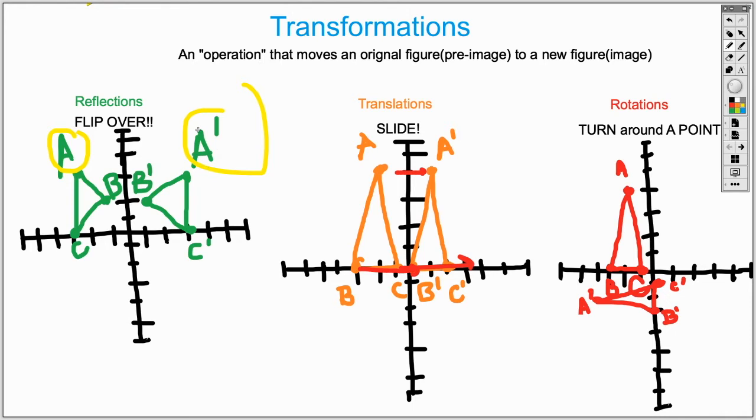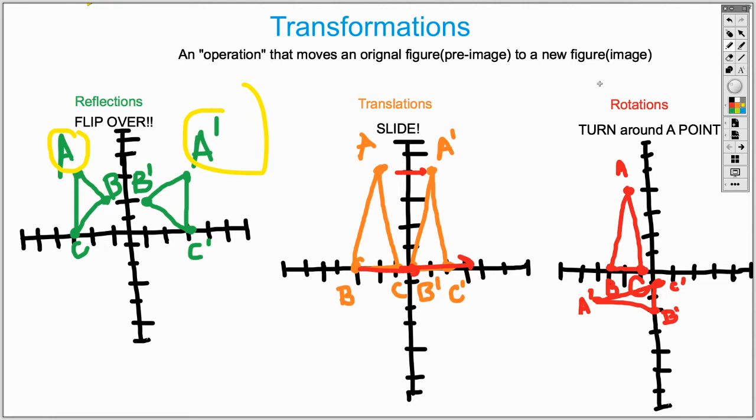And a letter or point with a little dash symbolizes that this is the modified or new image. So this triangle over here, since none of the points have a dash, would be the pre-image, and this triangle A'B'C' would be the image since it has the dashes.